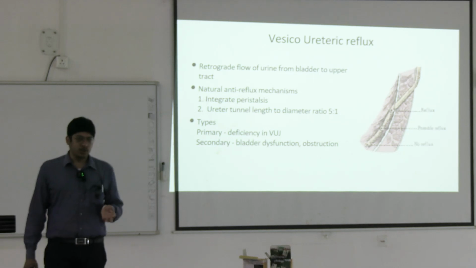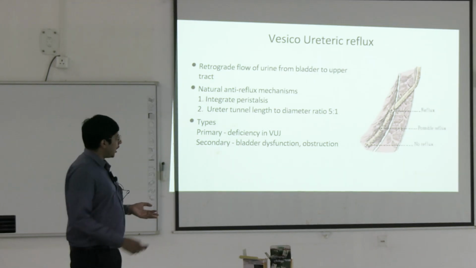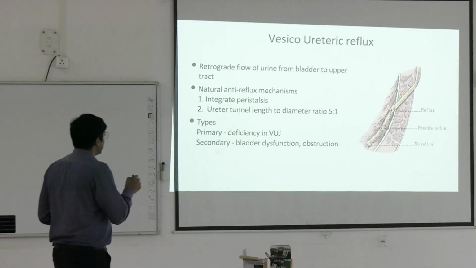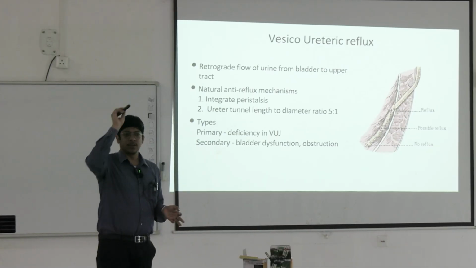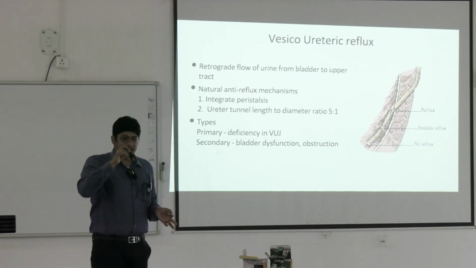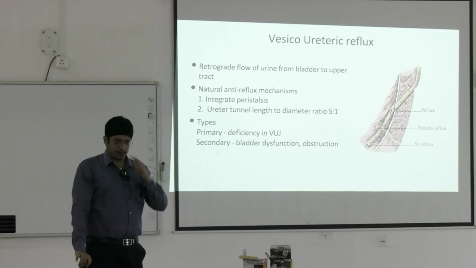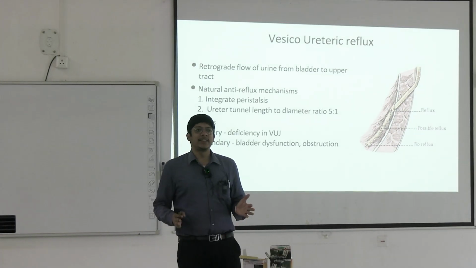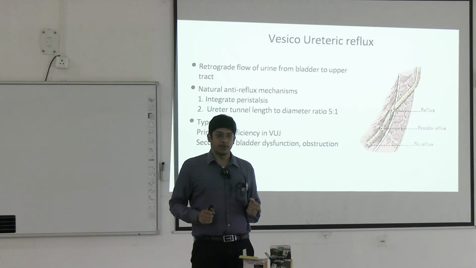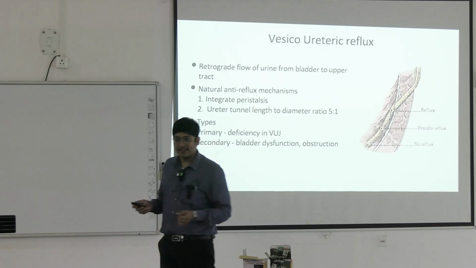So, what usually happens is urine is formed in the kidneys and the flow of urine is always unidirectional from the kidney via the ureters into the bladder. So, what mechanism in the body maintains this unidirectional flow of urine? There must be something to maintain it.